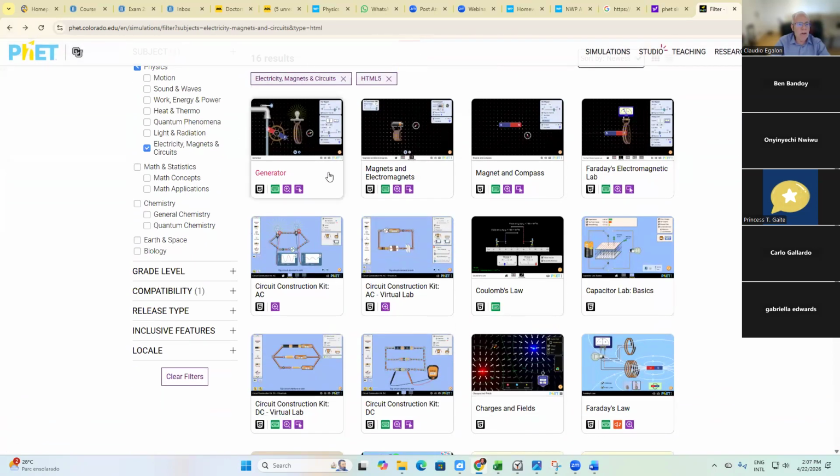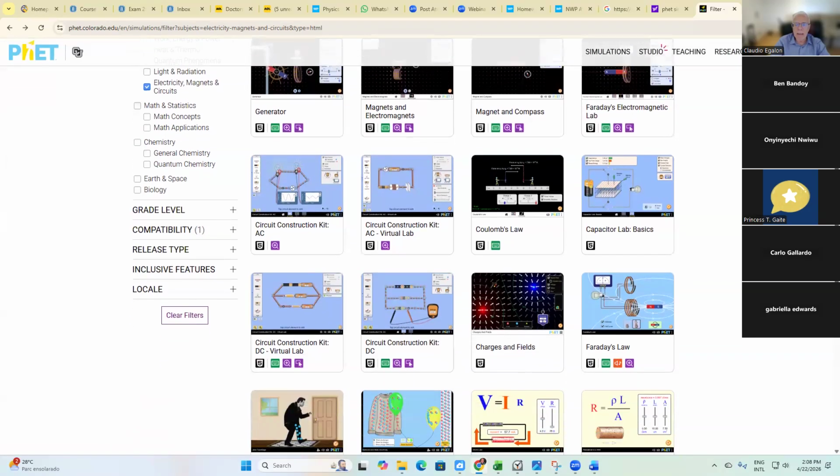Here you go. Here's the generator, right? That's a simulation of the generator, similar to that one that you saw before. And magnets and electromagnets, magnet and compass, Faraday's electromagnetic lab. That's what we just covered, right?